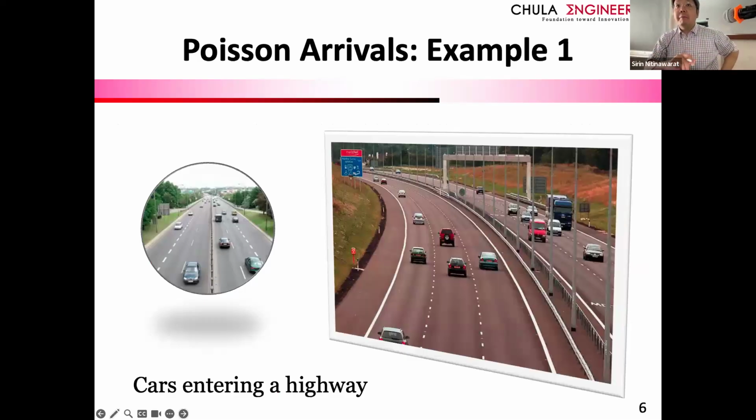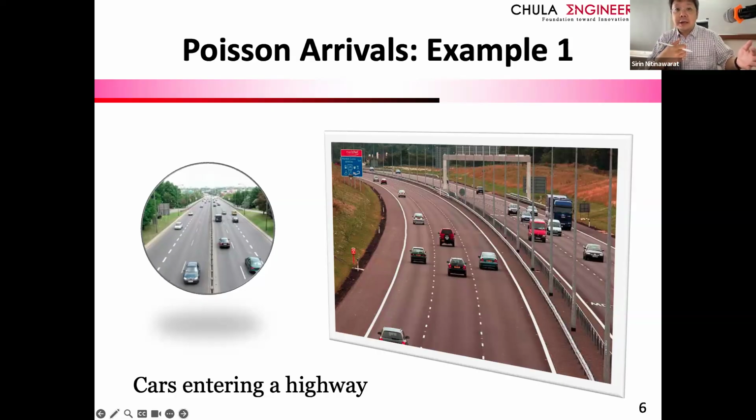Another canonical example of a system in which the arrival process can be considered Poisson is something like a section of the road or a highway with cars coming in, right? As you can see here, for a considerably long section of a highway, each car will be occupying only an insignificant resource, right?